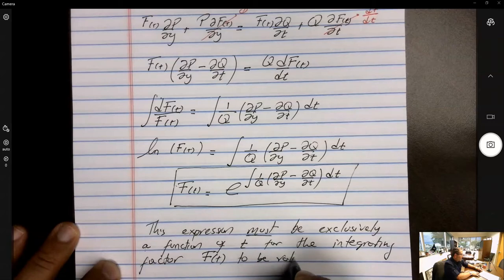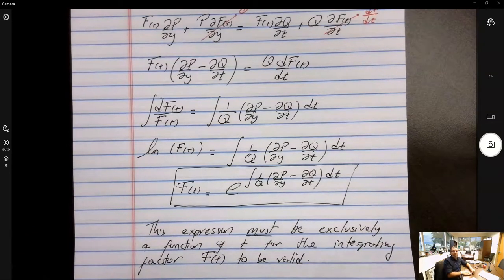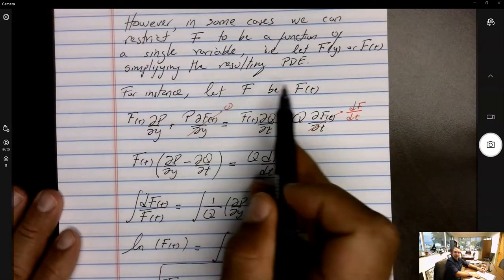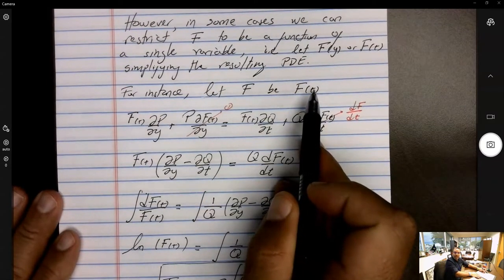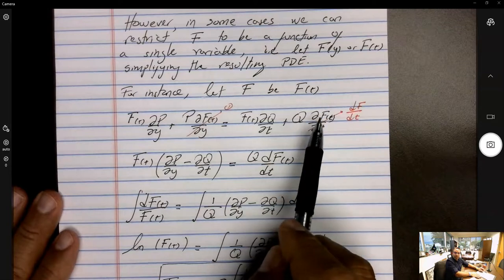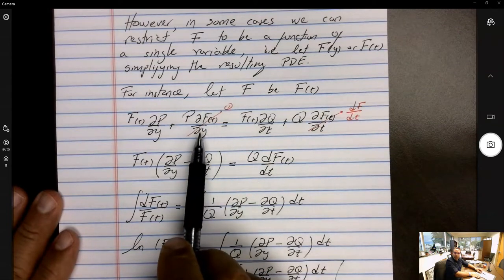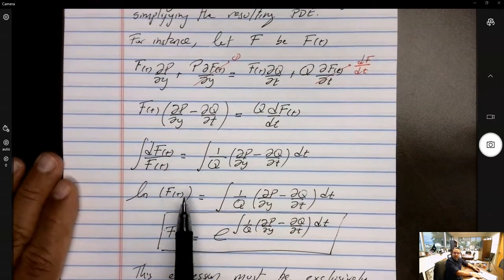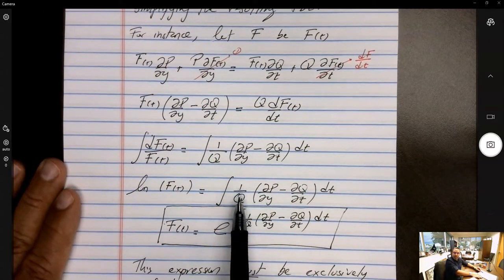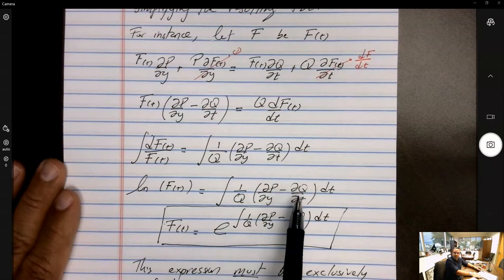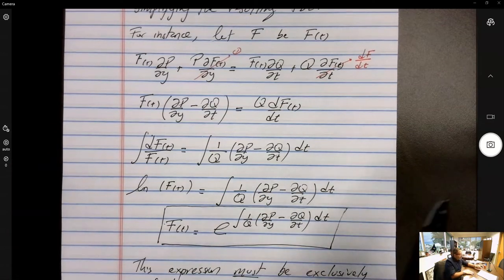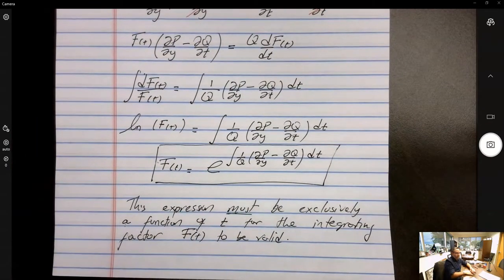Otherwise it doesn't work. Now if it doesn't work, then you make the other assumption, that you try let f be a function of y only. And if that's the case, then this one will go to 0. This will become the f dy, total derivative. You'll collect it the same way, and then you end up with an f of y that is an integral of 1 over p, dq dt minus dp dy, sort of the opposite, dy. And in that case, then it has to match a function of y to be able to be valid.